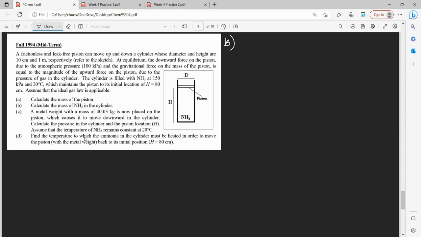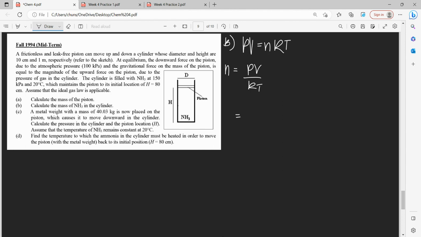Calculate the mass of NH3 in the cylinder. So what we can do is PV equals nRT. And let's start by isolating for n, our moles. So n equals PV over RT. And do we have that? I believe we do.